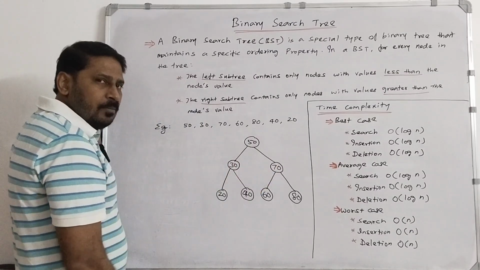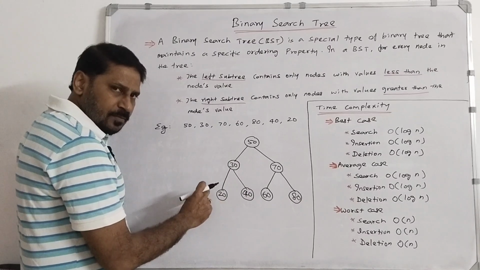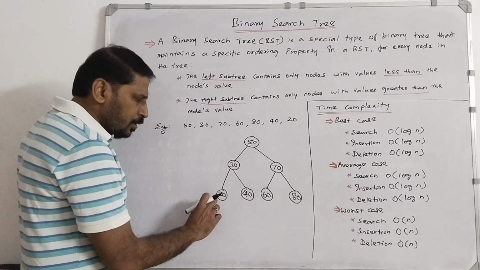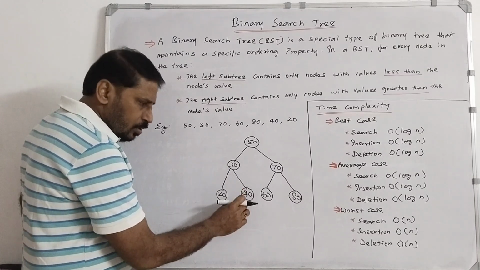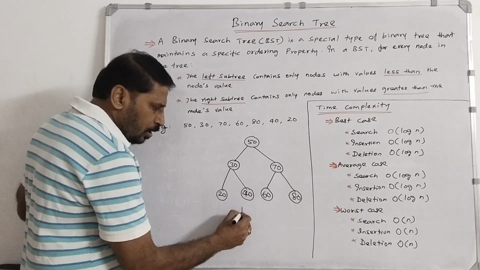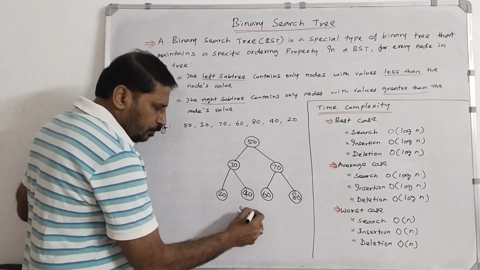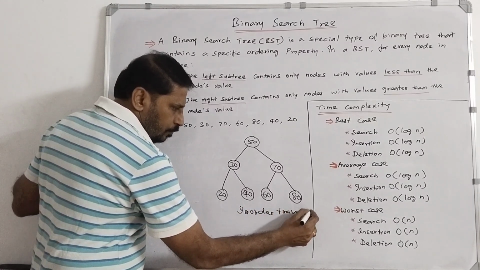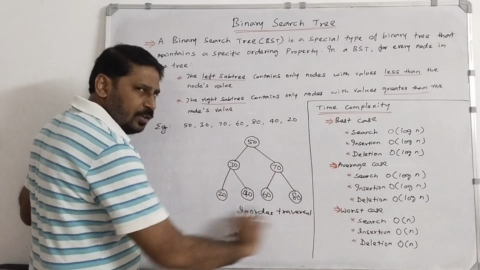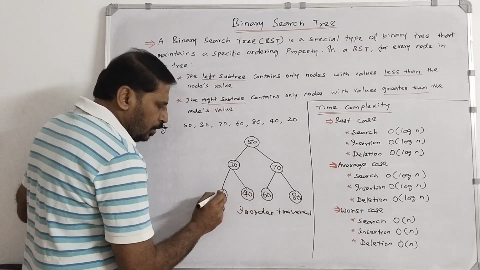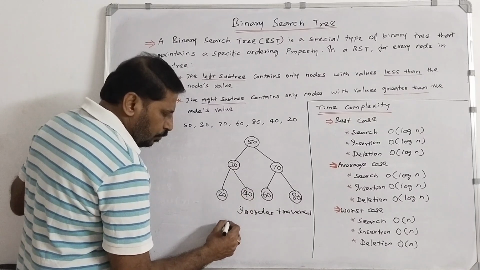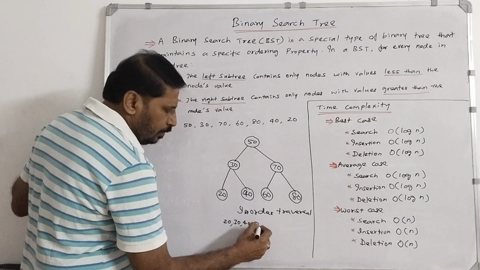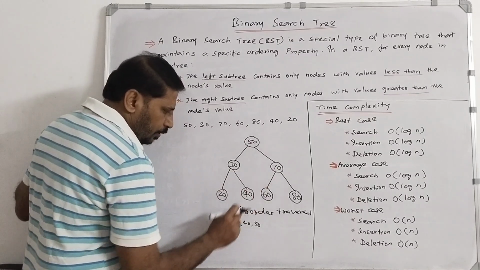After constructing a binary search tree, suppose we follow the in-order traversal. In-order traversal is nothing but left child, root node, right child. We are able to get the values in sorted order: 20, 30, 40, then 50, which is left, top, right.